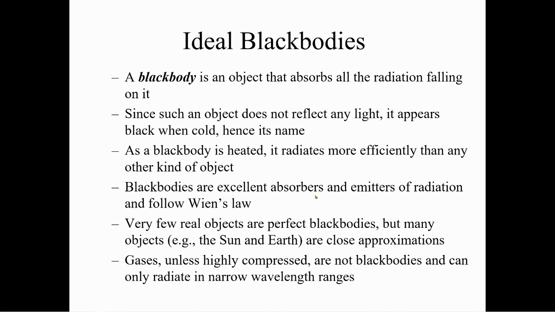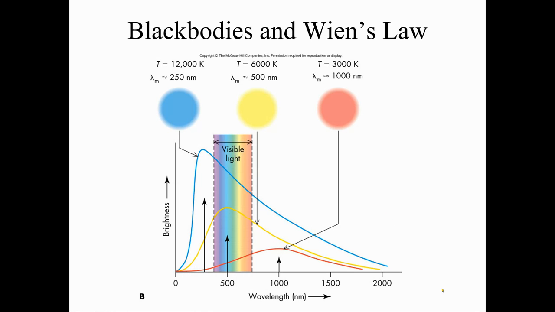Very few real objects are perfect black bodies, but many objects, such as the sun and the earth, are close approximations. So when we see other planets and other stars, we can get their temperature. Gases, though, unless they are really highly compressed, are not black bodies and can only radiate in narrow wavelength ranges.